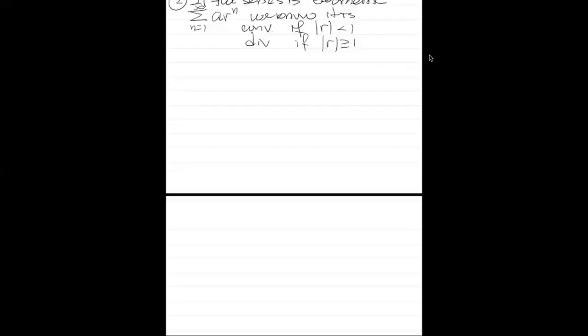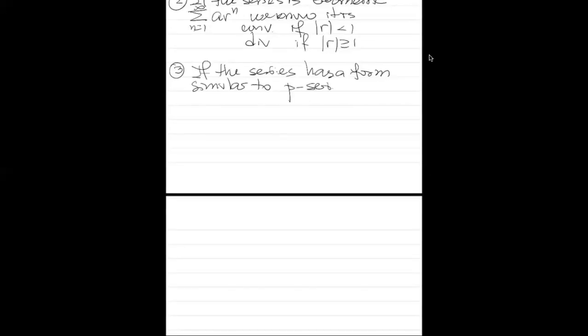Number 3, if the series has a form similar to a p-series or geometric series, one of the comparison tests should be considered. So if the series has a form similar to a p-series or geometric series, use a comparison test.